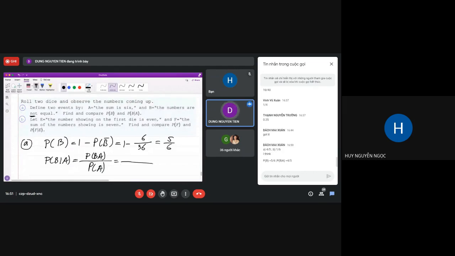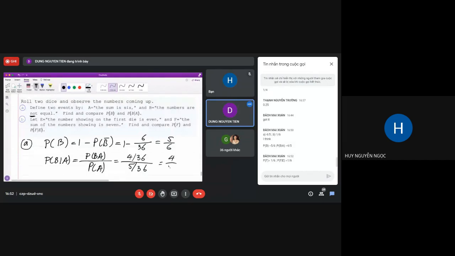So you get 5 over 36, I think, right? 5 options. For BA, you want to get the sum 6 and the numbers are not equal, so you get 1 and 5, 5 and 1, 2 and 4, 4 and 2, but you have to exclude the case 3 and 3 because they are the same. That's why you get 4 over 36, and the answer is 4 over 5.